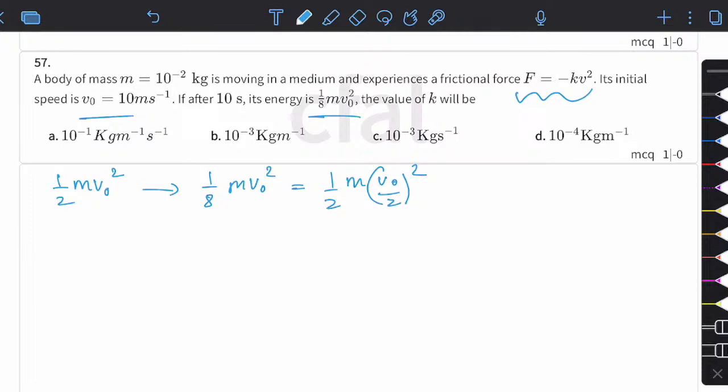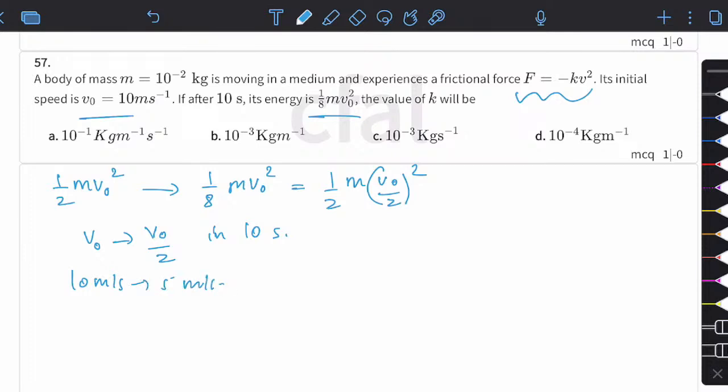So by comparing with the kinetic energy formula, we realize that the velocity has gone from v naught to v naught by 2. This is expected because force is negative. We will expect the speed to decrease. So basically the question is asking, in 10 seconds, if the speed has decreased from v naught to v naught by 2, which is 10 meters per second to 5 meters per second, what is the value of k?